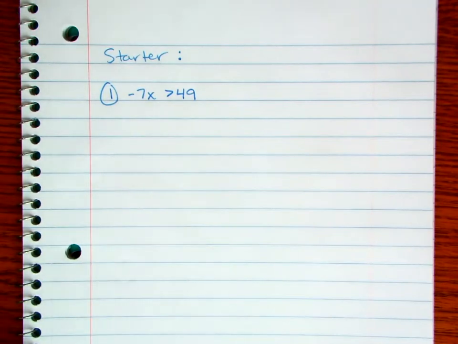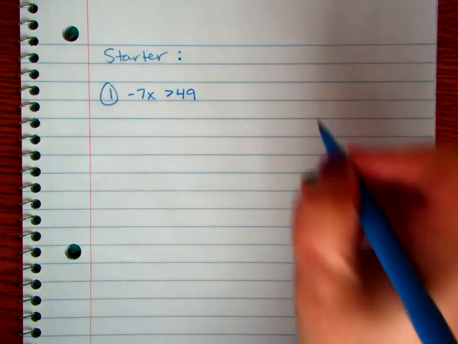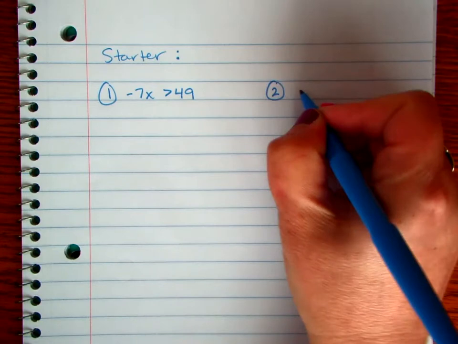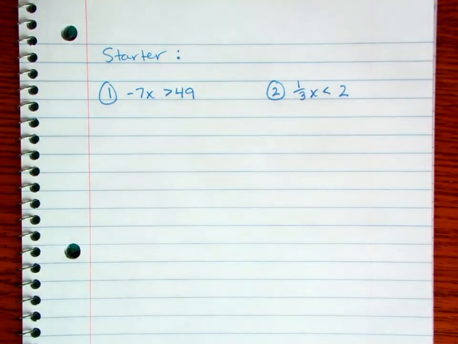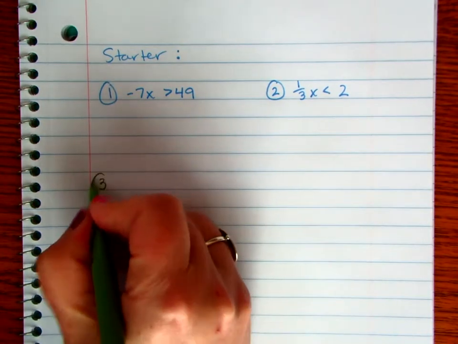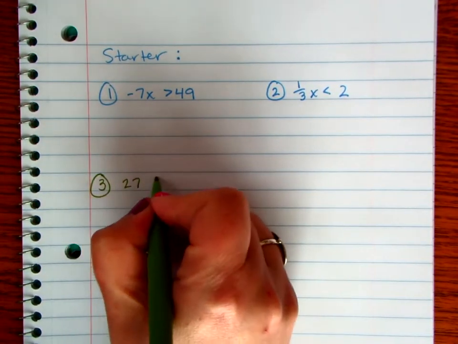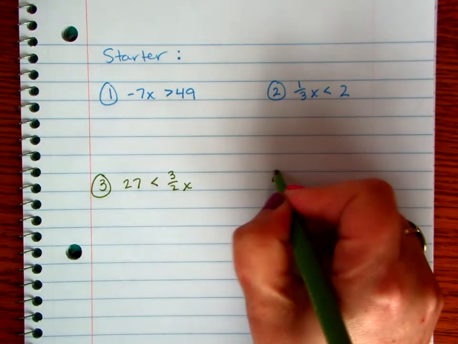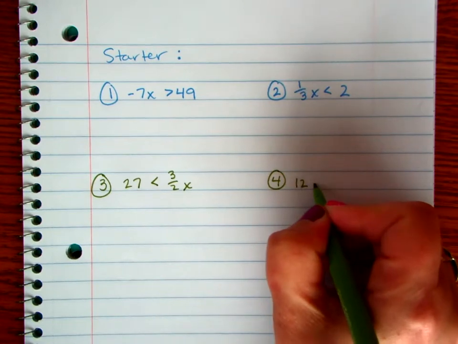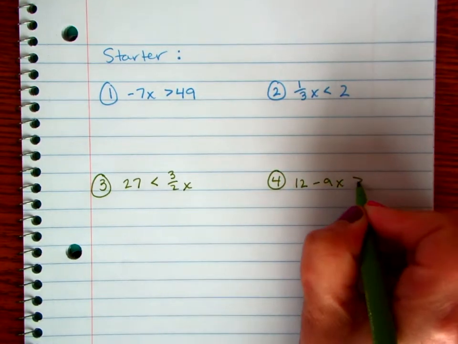So the first question on the starter is negative 7x is greater than 49. Second question is 1/3 x is less than 2. Third question is 27 is less than 3/2 x. The fourth question is 12 minus 9x is greater than 45.